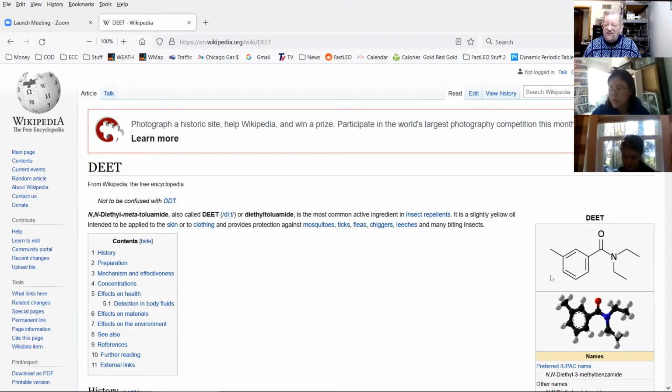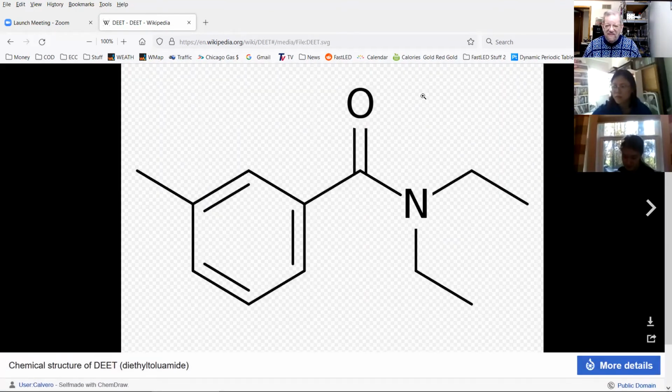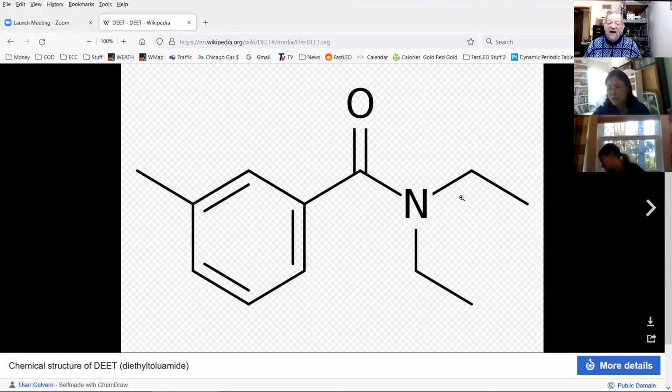And that's the structure over here. Now, this is the line method. End of the line is a methyl group, carbonyl. Bend of the line is a carbon, carbon here, carbon here. And this is the molecule you just made.